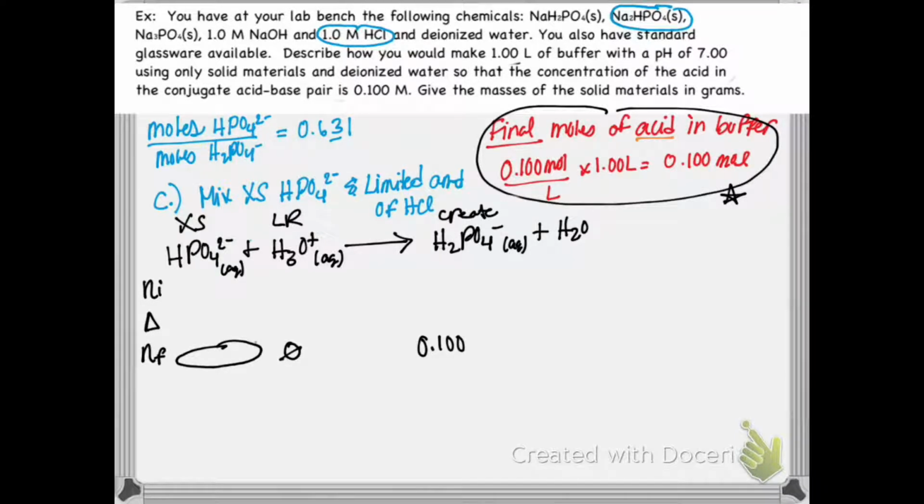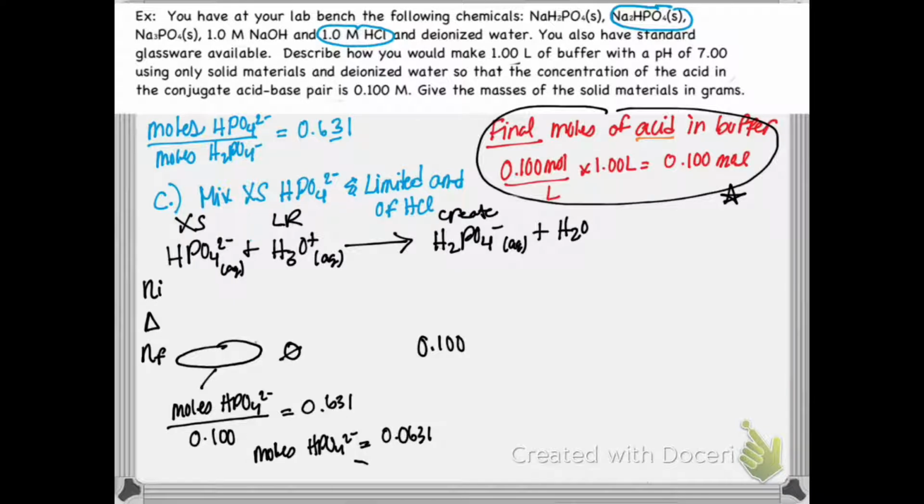To figure out the amount of the base component, we're going to use that mole ratio again. So moles of HPO4 2- divided by 0.1 equals 0.631. So just like before, our moles of HPO4 2- is equal to 0.0631, which is what we want in our final buffer. So we'll fill in that 0.0631.